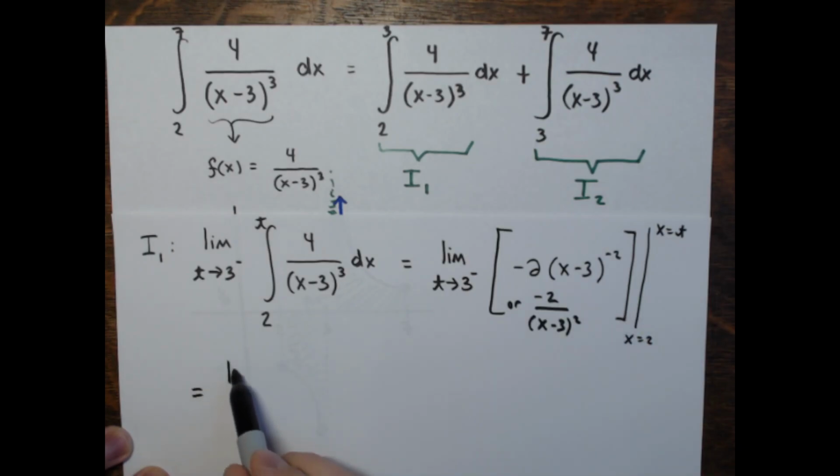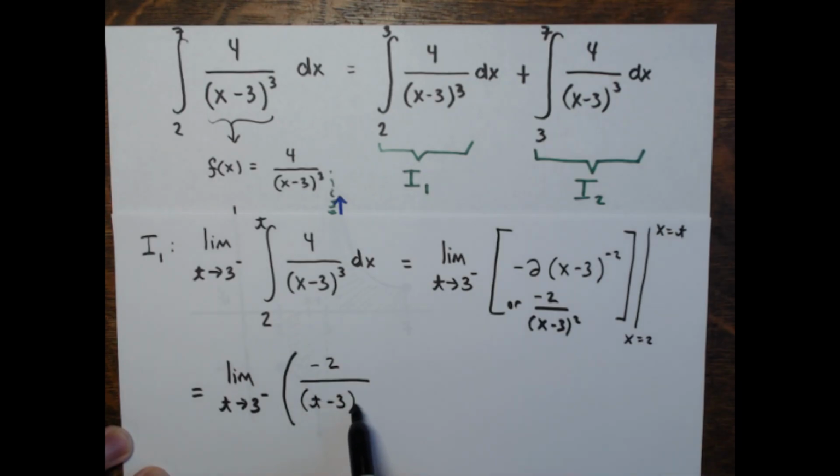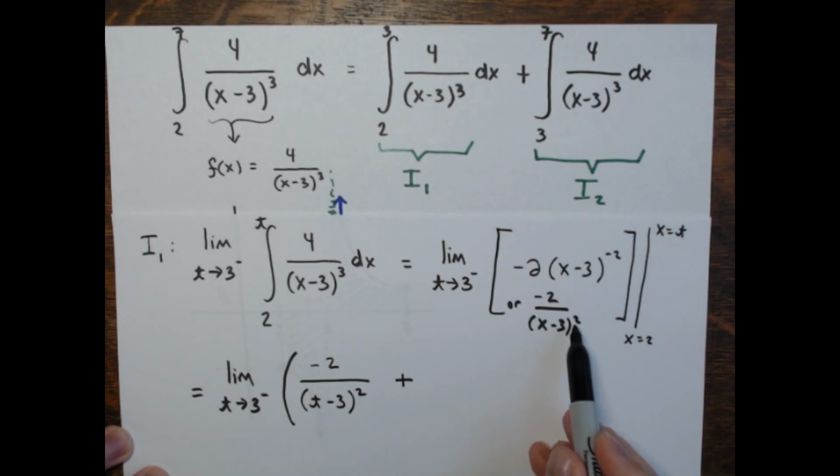Well, that would be the limit as t approaches 3 from the left of, plugging in t here, negative 2 over t minus 3 squared, and then minus, but it'll be minus a negative, so plus, and then when x is 2, 2 minus 3 is negative 1, squared is positive 1. This would be just negative 2, so plus 2.